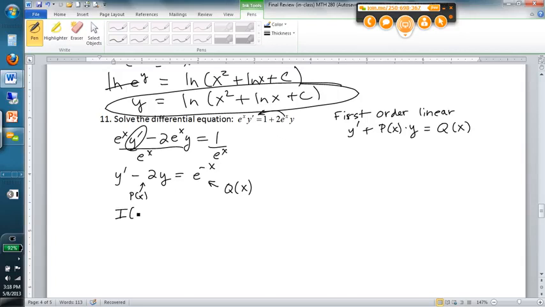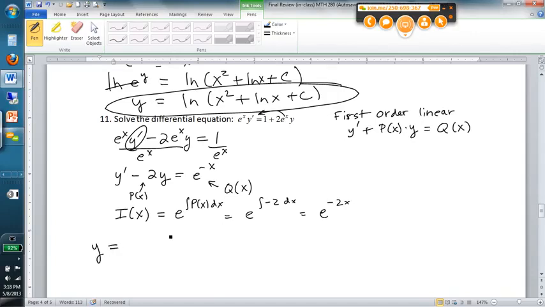Remember what I of x was? e to the integral of p of x, yeah. So that's e to the integral of negative 2. Okay, that's pretty nice. Integral of negative 2 is negative 2x. And on these, c will come in at the end, so we're going to choose c to be 0. C will happen later. So anyway, that's I of x.